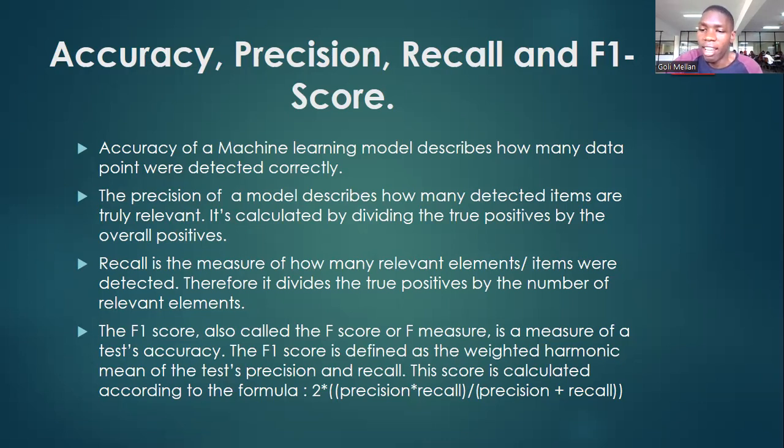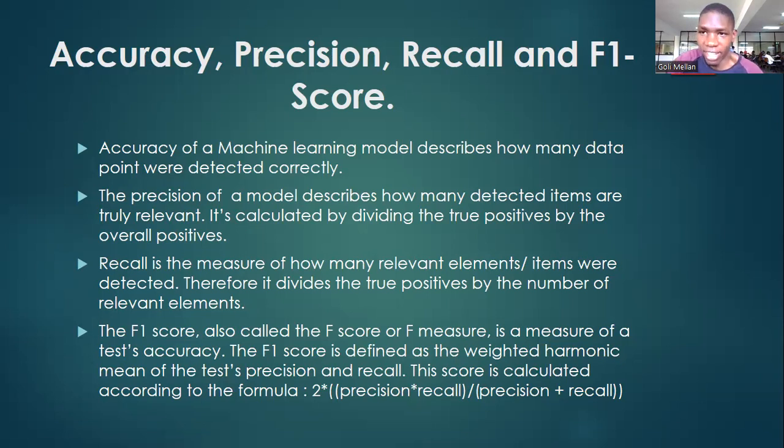Suppose I have 100 cats and 100 dogs, and out of those 100 cats, the model is able to predict at least 50. Then that precision level is somehow good, because our model is able to judge the information. Then we get to recall, the measure of how many relevant items were detected.